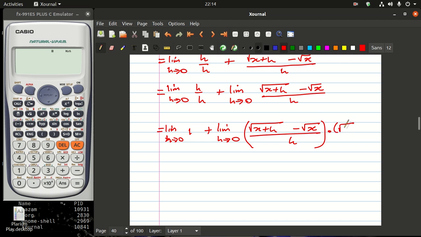So I'll end up having the square root of x plus h, and then to rationalize this, we had a minus here, so you must have a plus here, and then we have an x, all over. This thing was not part of this, so I need to divide by it again. So I will have the square root of x plus h plus the square root of x.